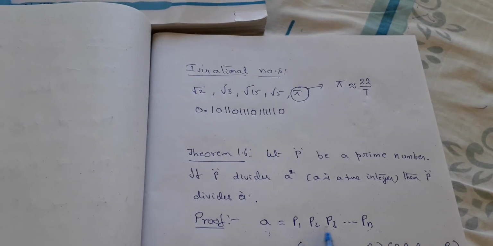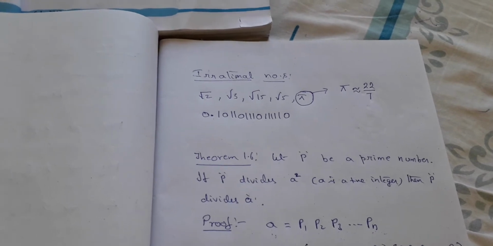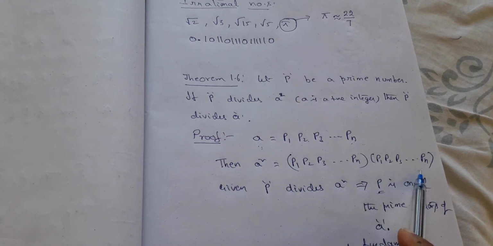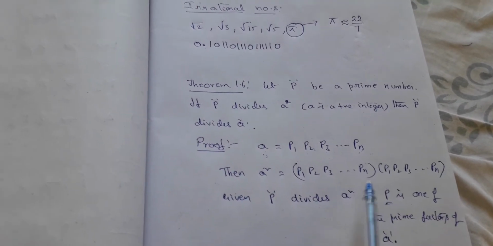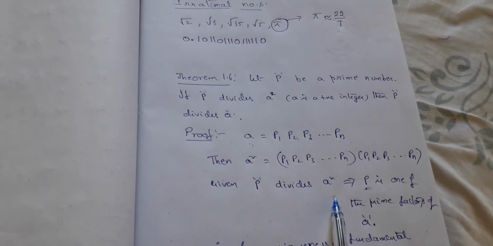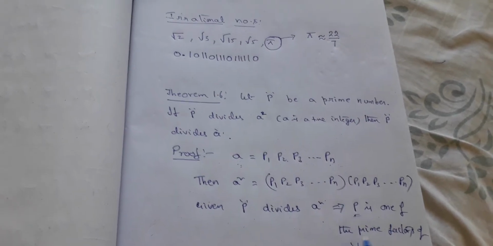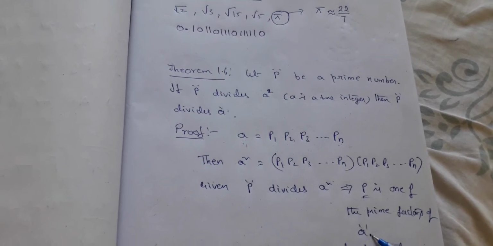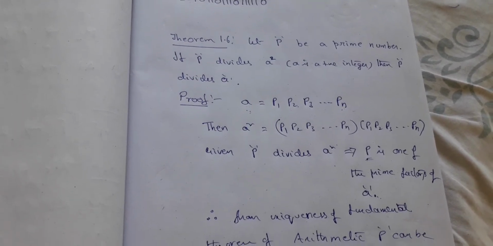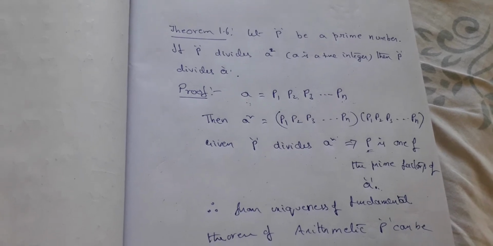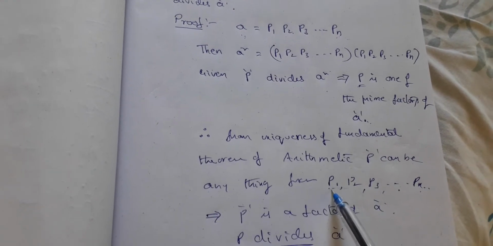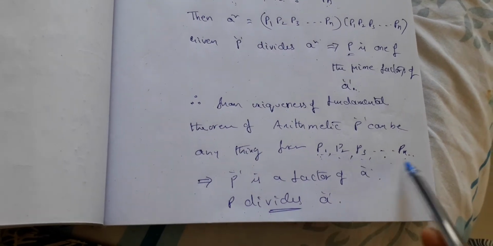So it's a product of all these prime factors. Now if A is this, then what is A square? A square is equal to this multiplied by this again, is it not? But what is given? P divides A square is given. That means P is one of the prime factors of A. Yes or no? That means P can take any one value out of P1, P2, P3, Pn, etc. From the uniqueness of the fundamental theorem, it can take any value.